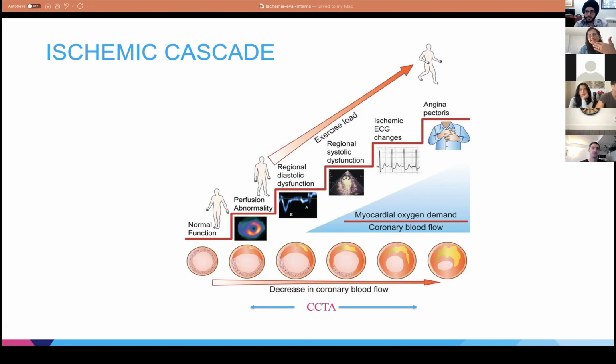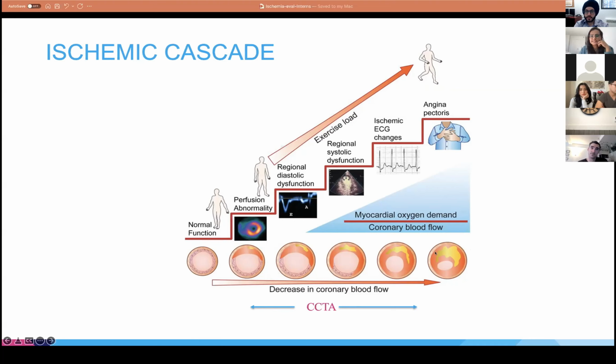And then as ischemia gets worse, or as the blood flow to the myocardium is jeopardized, you start getting diastolic dysfunction, then you start seeing wall motion abnormalities before you start seeing ECG changes, and eventually the patient will develop rest angina.